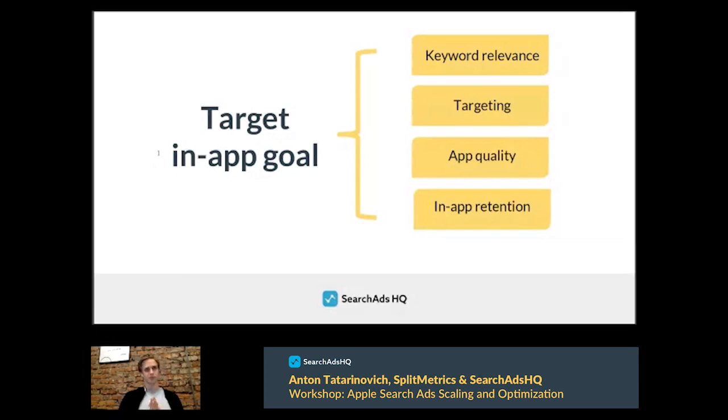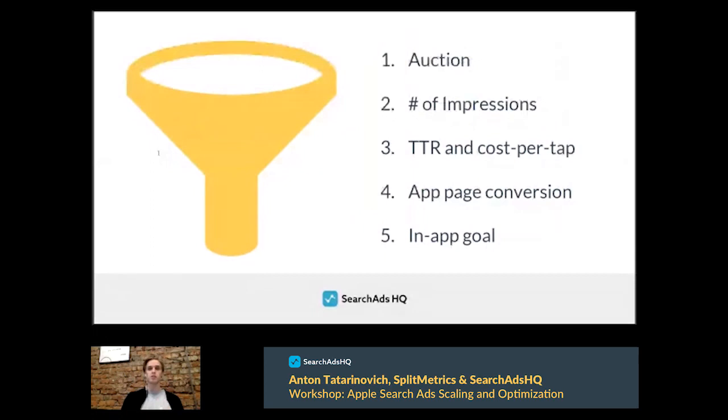So to sum up, if the whole funnel on all of those stages is optimized, then you may be sure that you're taking maximum out of your Apple Search Ads and that you don't waste any cash.